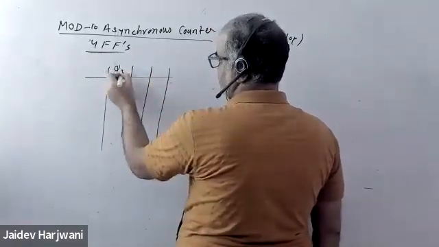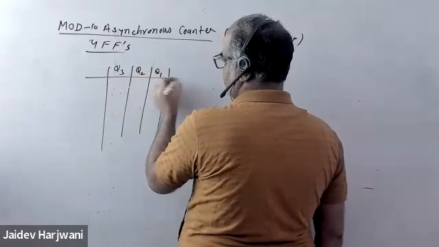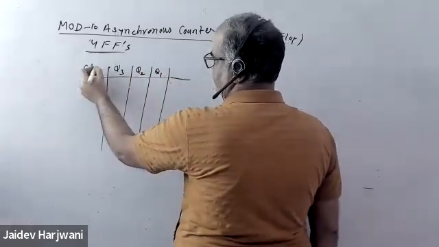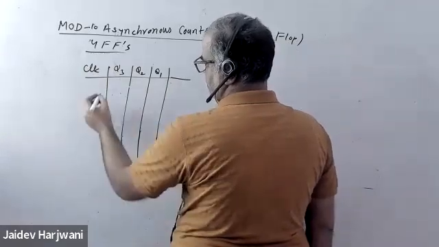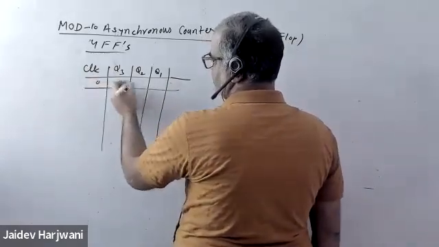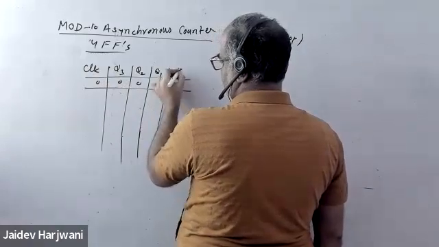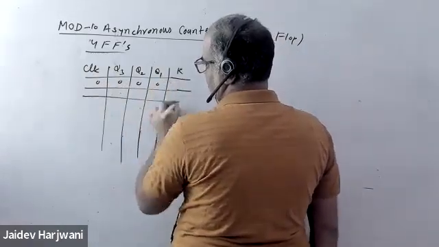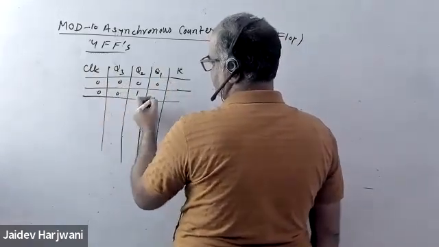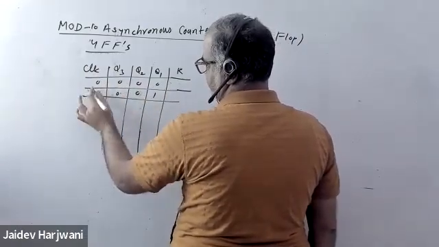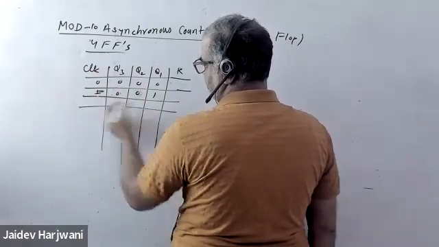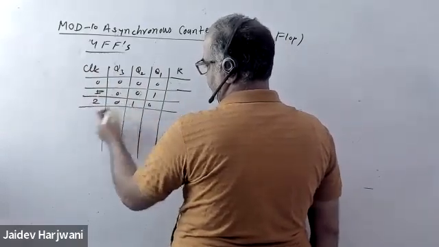Q3, Q2, Q1, and then you have to make the clock. Clock 0, you want the 0 0 0 state. Then the next state should be 0 0 1. For clock 2, 0 1 0.